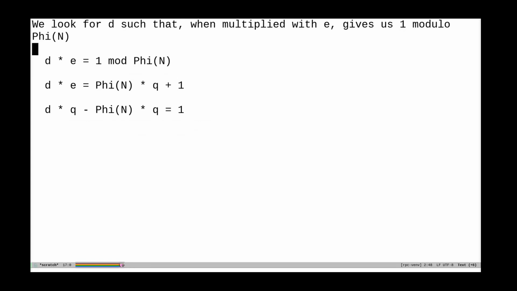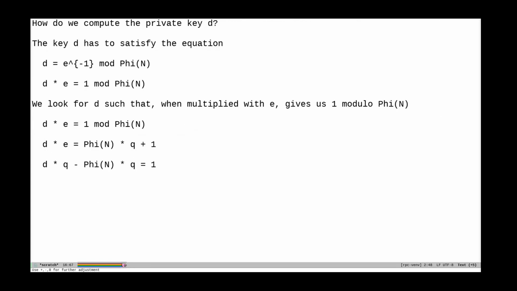Now, the algorithm that we will see, the extended Euclidean algorithm, gives us a way to compute x and y. Okay, let's start from the Euclidean algorithm itself.